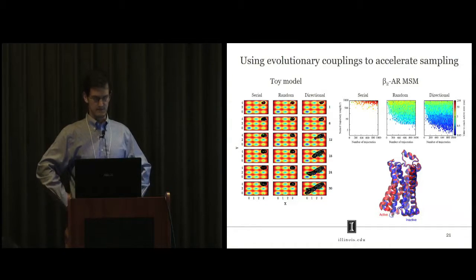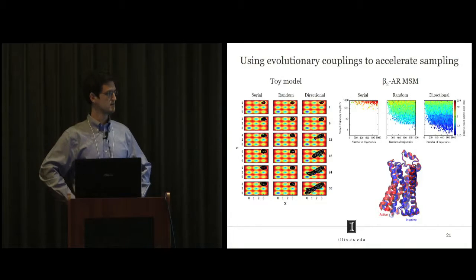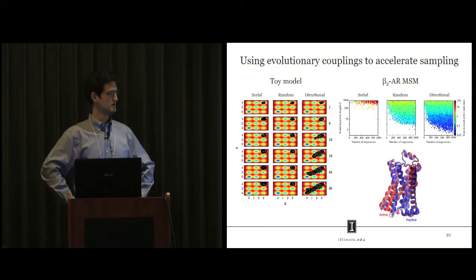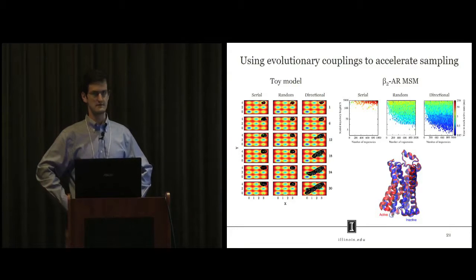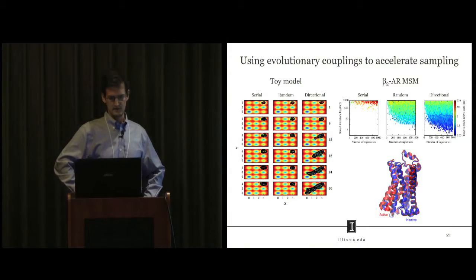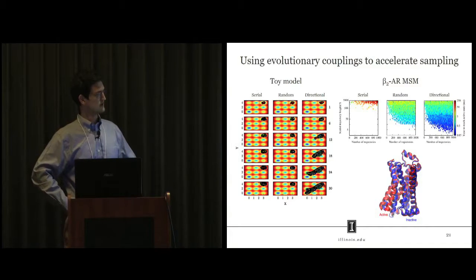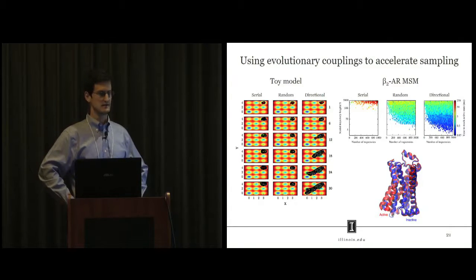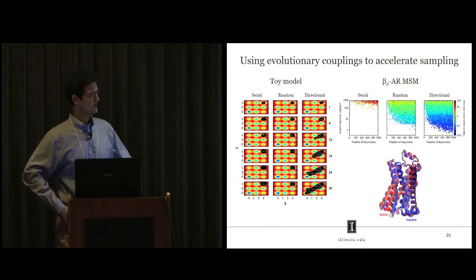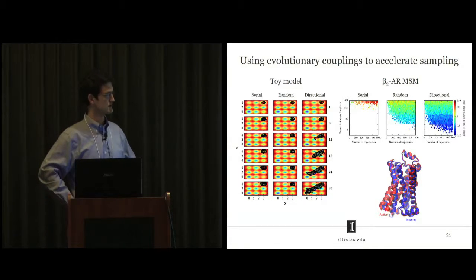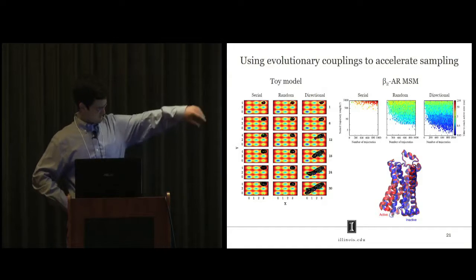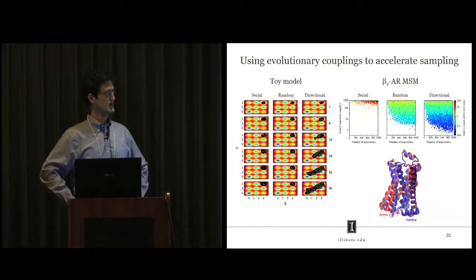So it's been used before in just structure prediction and prediction of ensembles of structures, but our idea was to incorporate it into actual dynamics. So we did a toy model, found that using this is very similar to what I showed before, using directional information in adaptive sampling just allows you to traverse the energy landscape much faster.